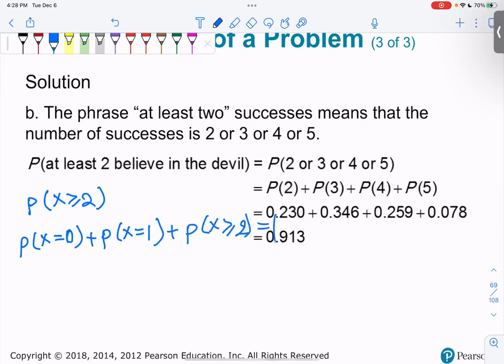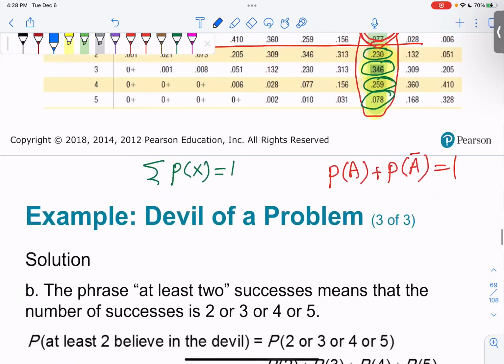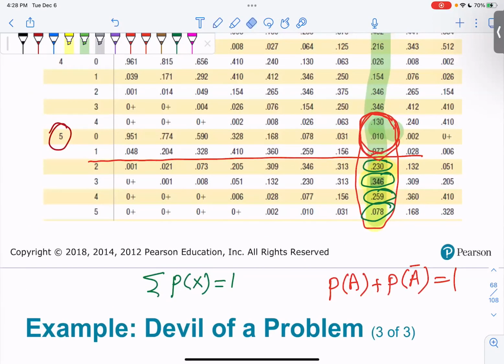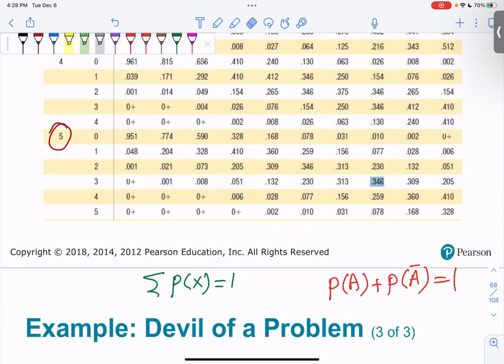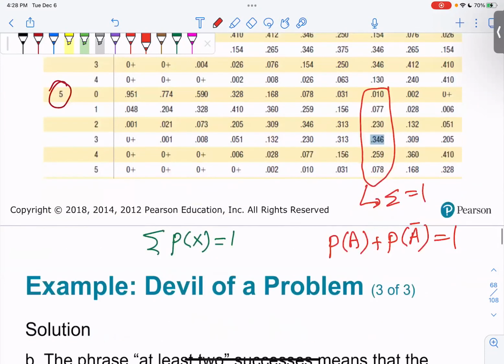This summation equals 1, right? Because if you go to the table and take the summation of all these numbers from here to here, it must equal 1.